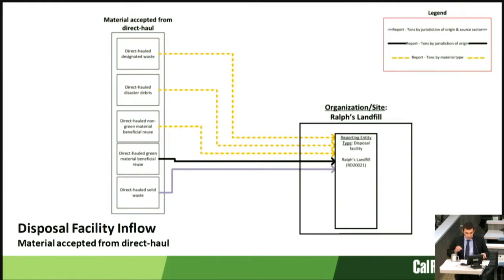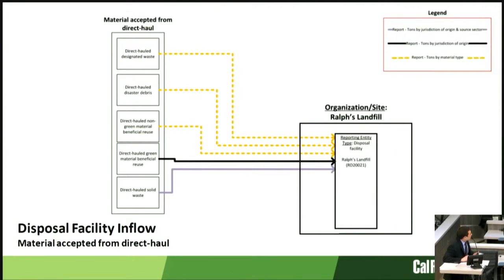So we'll try our best to very methodically cover each of these from the perspective of a disposal facility. If you were here last time, we picked on Ralph Chandler and named it Ralph's Landfill.